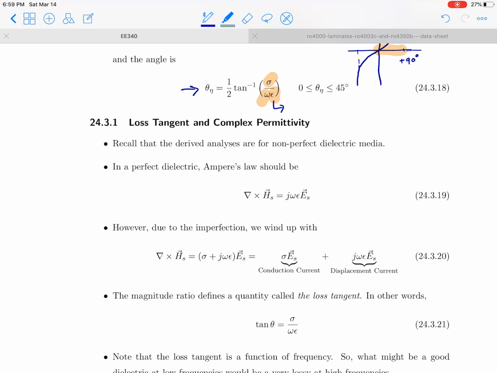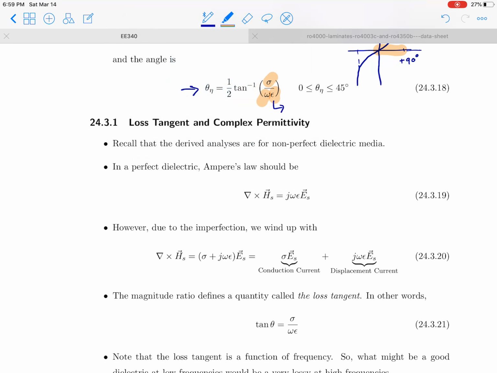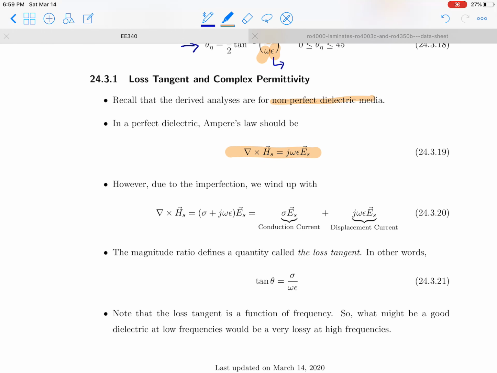So now let's talk about the final thing here. Let's talk about the loss tangent. The previous analysis was derived using the concept of a non-perfect dielectric material. If the dielectric is perfect, as we mentioned earlier, Ampere's law should be like this.